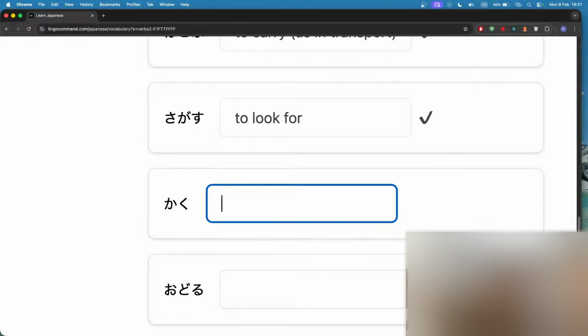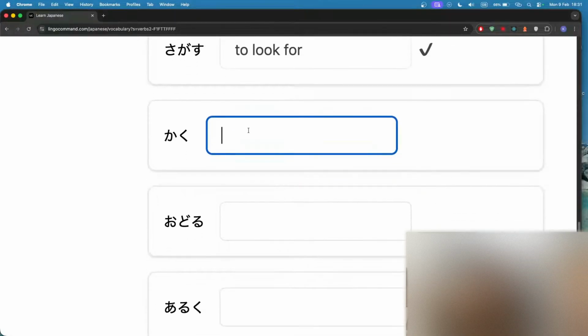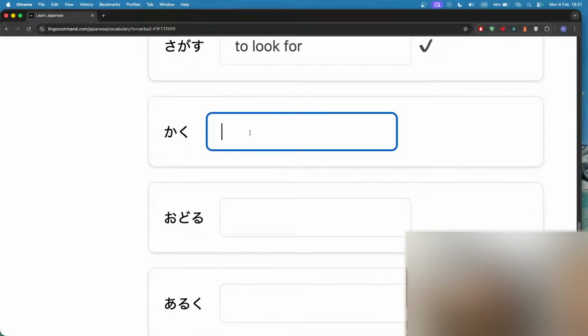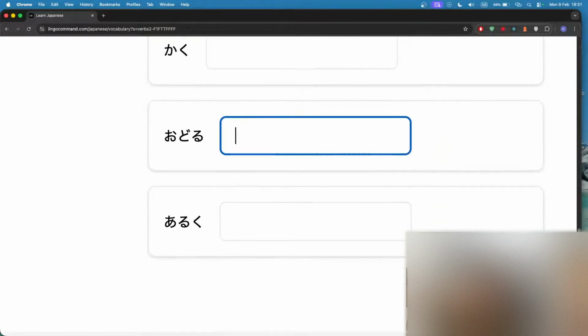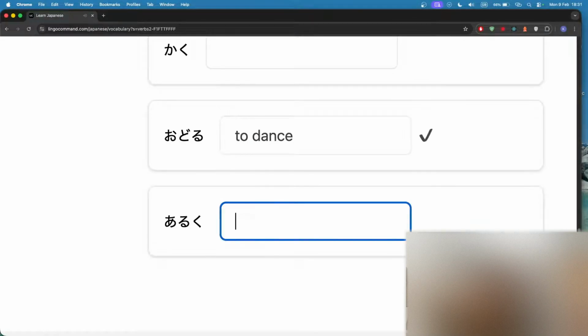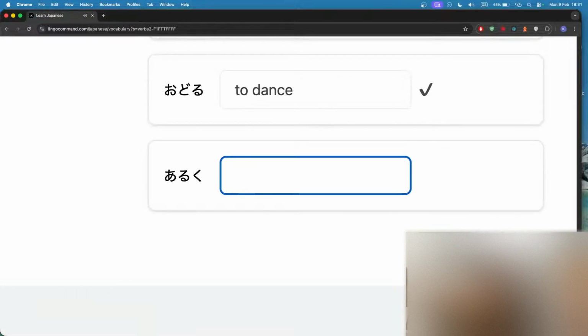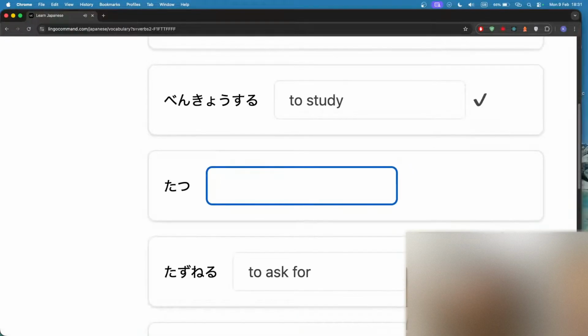Mitsukeru is if you actually found it. It's worth pointing out. Kaku. Come back to that one. Odoru is to dance. Aruku is to walk.